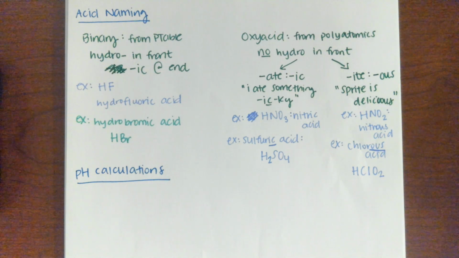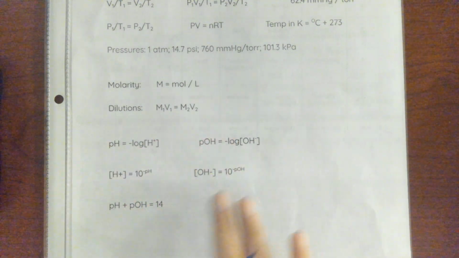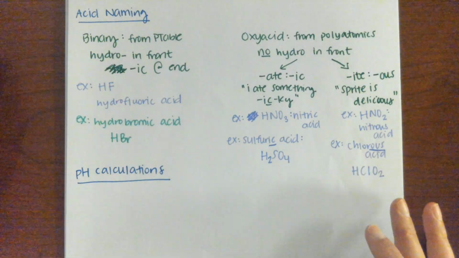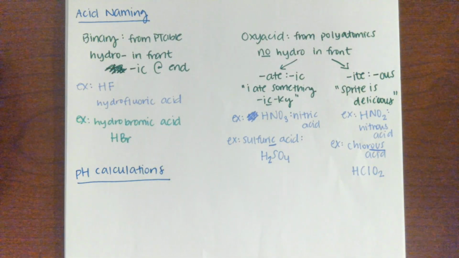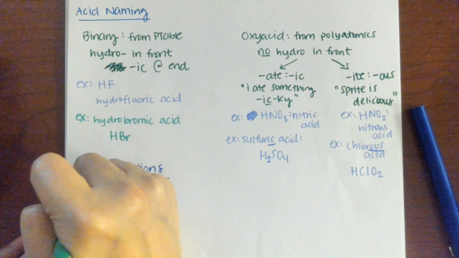Let me grab my formula sheet. Again, this is what you'll be using, and these are the formulas for the pH calculations. It's all about knowing which one to use. So let me just go straight to the example, and then we'll point out which formula we'll use there.